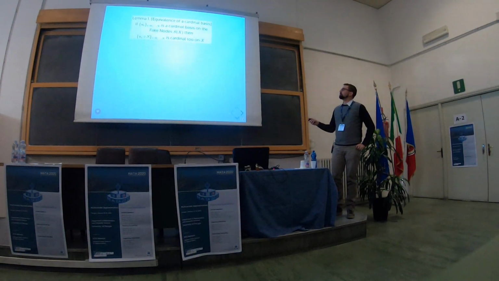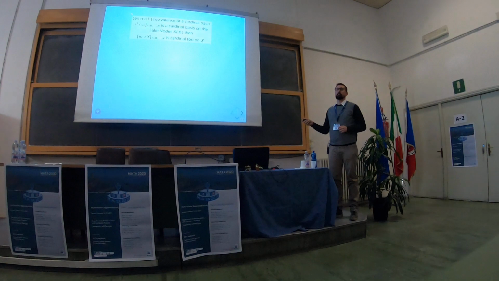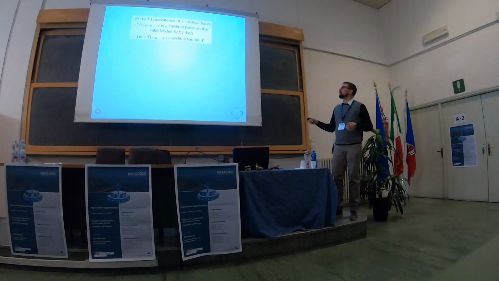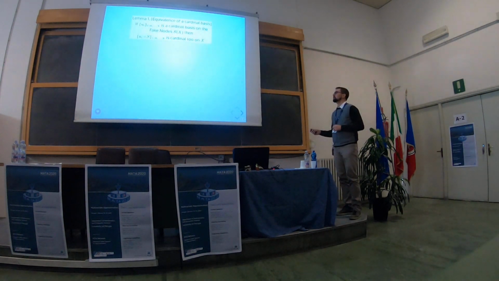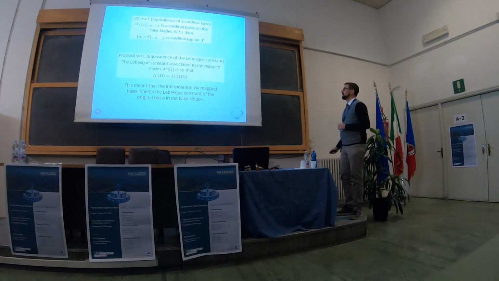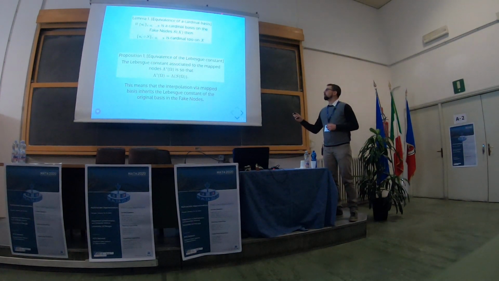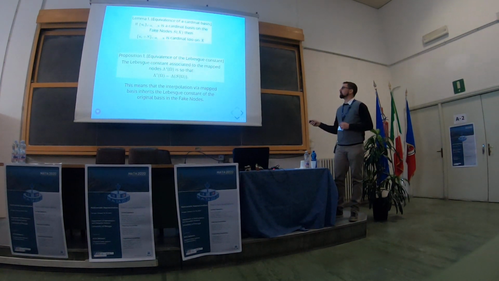Okay, let's give the first lemma. Suppose you have a cardinal basis that is representative of the basis set B I described before. So, a cardinal basis on the fake nodes is such that this basis is cardinal on the original set of nodes X. This has many important consequences. For instance, we have an equivalence of the Lebesgue constant.